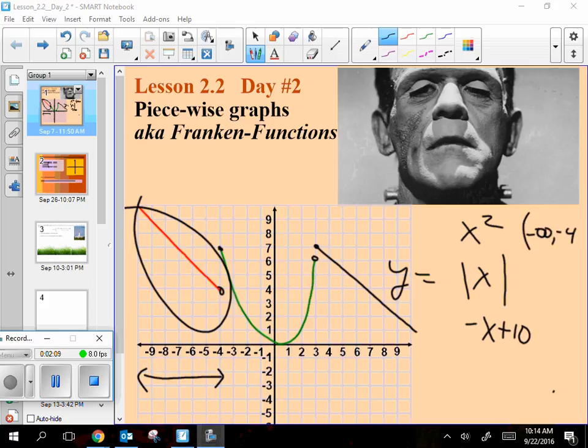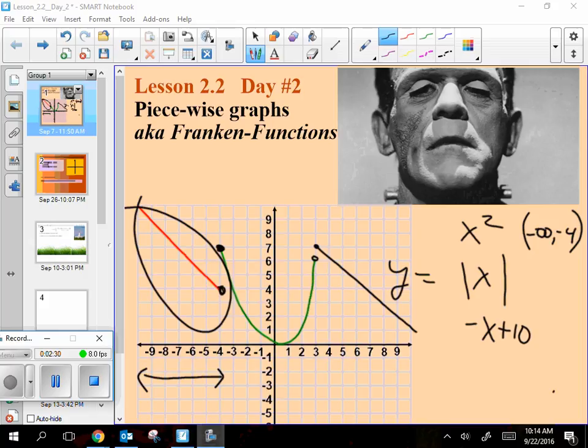And it's an empty spot right here, which means that on this red function, it doesn't get to own that spot at the end. This one's a closed-in dot. The parabola function owns that spot. So this one would go up until -4 and then stop working. So I'm using a parenthesis at -4.